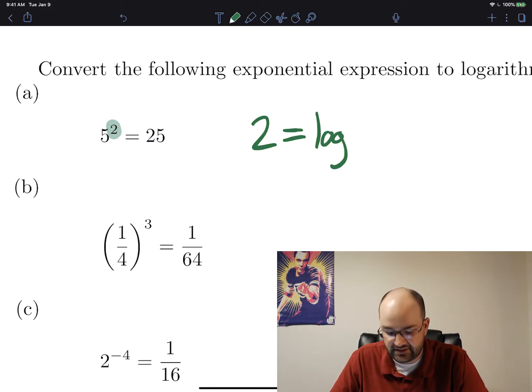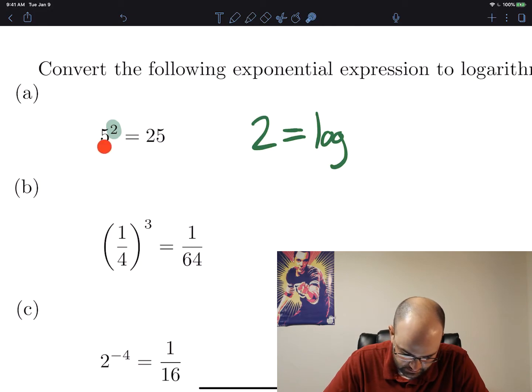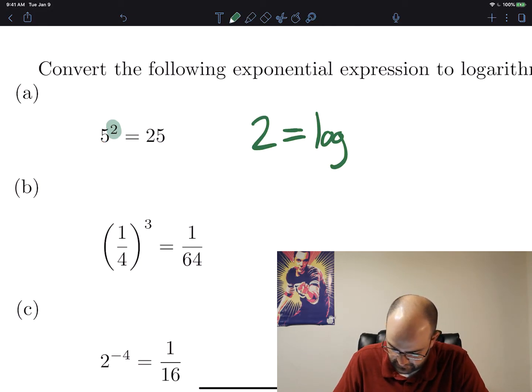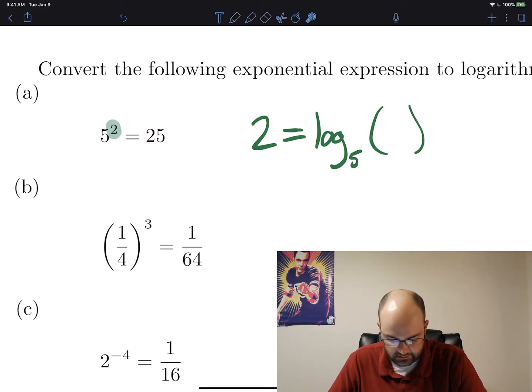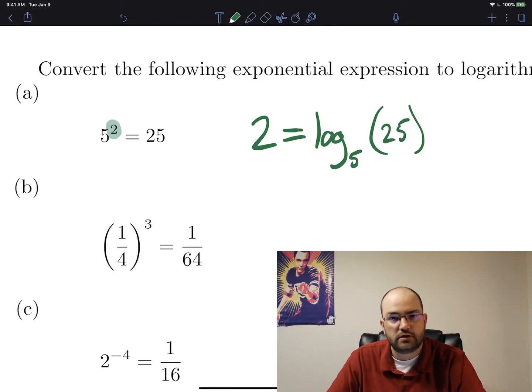Well, what's the base of this logarithm? Well, the base is the base of the exponential. It's 5. And what have we not used yet? We haven't used this 25, so that goes here. So 2 equals log base 5 of 25. And that's it. That's all there is to it.